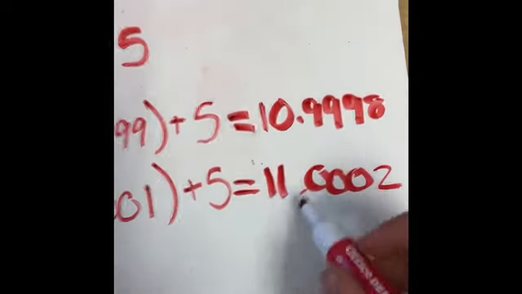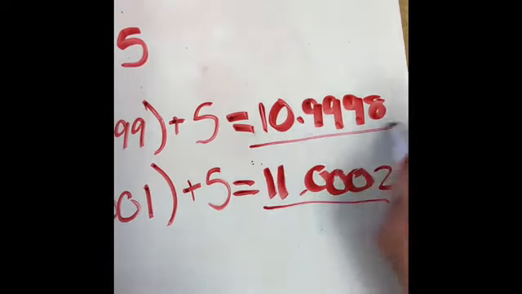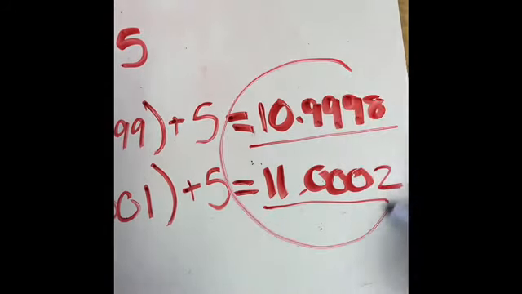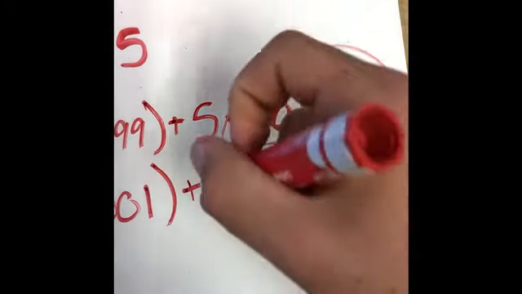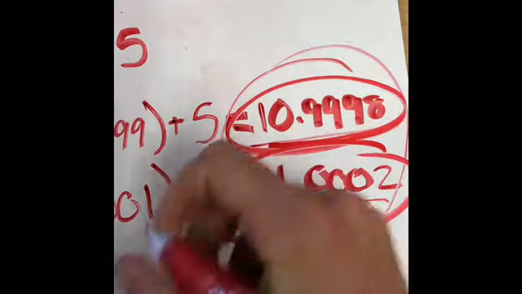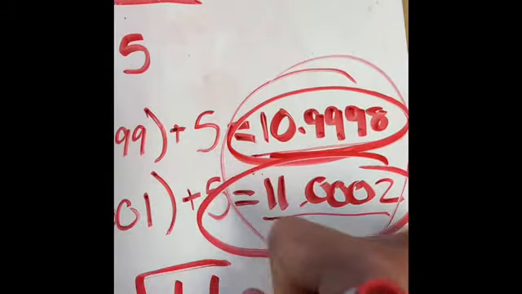So if you look at this number and this number, you're like, those are kind of close. I'm thinking those might have something in common with one another. Well, boom, they're actually really, really close to the number 11.